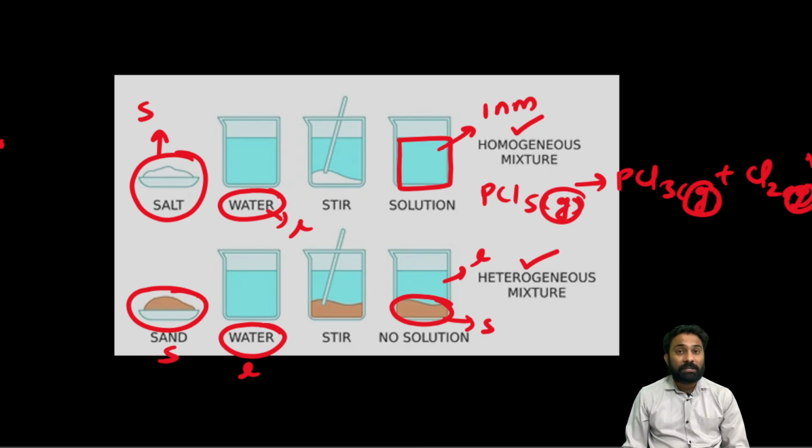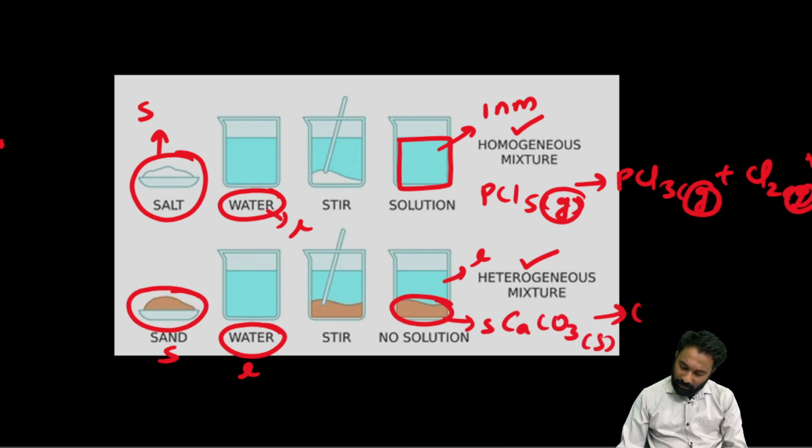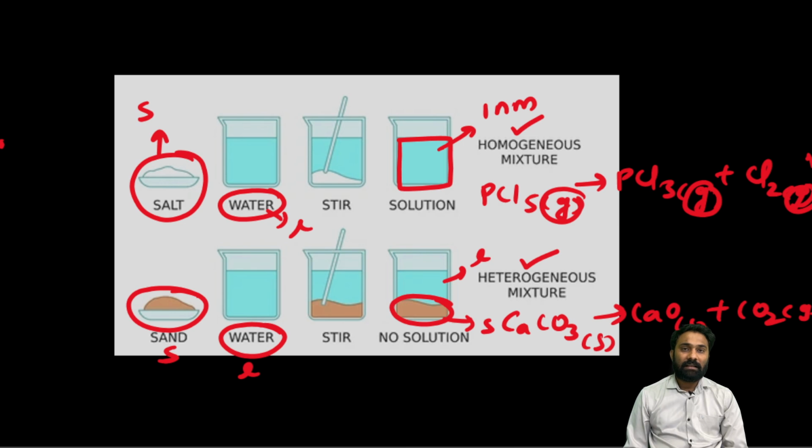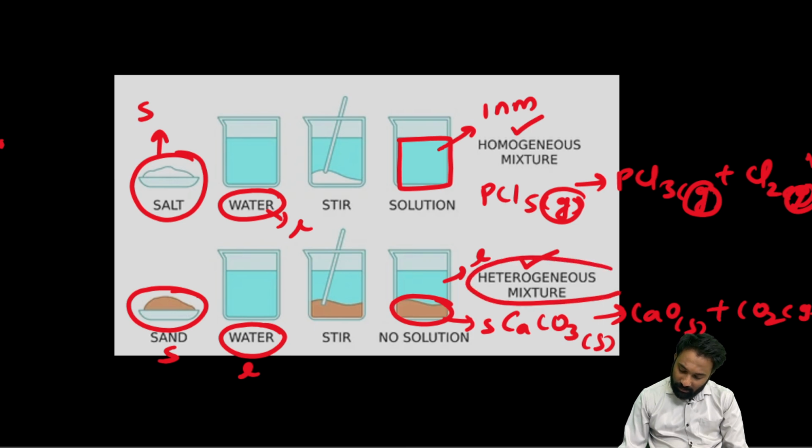Heterogeneous means we have two different phases. Example, if you take solid calcium carbonate, it converts to solid CaO plus CO2 gas, right? Clear? Here we have two different phases. This heterogeneous mixture we can see with our eyes, but homogeneous particles we cannot see with our eyes.